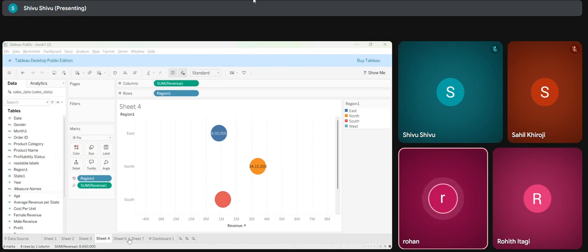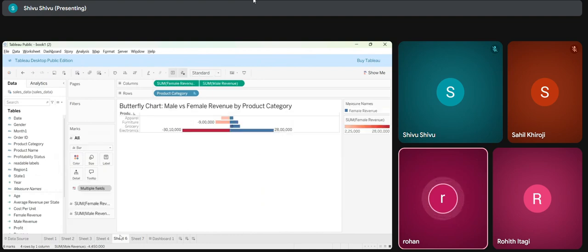The next chart is the butterfly chart. It creates a butterfly chart by reversing the bar chart to compare female and male revenue based on the product category. Finally, this is the sixth chart. It is a bit cut off, but it is a butterfly chart.